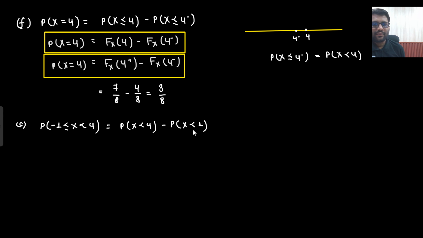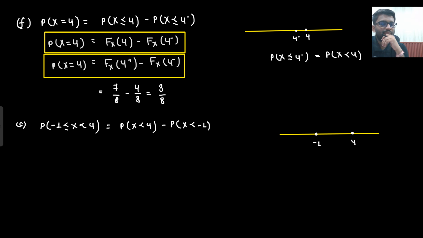Right? Why is that so? Because what do you need? You don't need 4, but you need minus 1. You don't need 4, that means x less than 4. But you need minus 1 as well. That means x less than minus 1 you need.